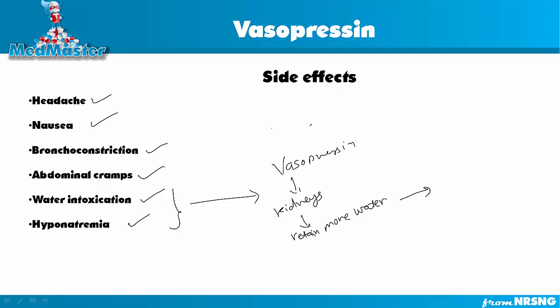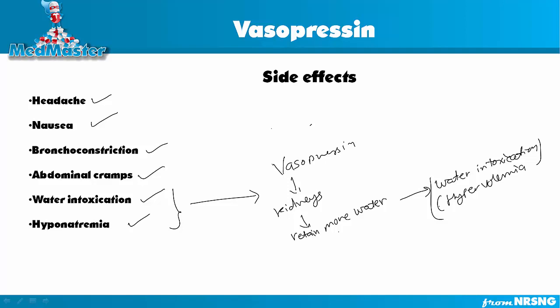You can have water intoxication, or hypervolemia. Remember this is the main difference: it only reabsorbs the water. It's not reabsorbing extra sodium and potassium, so those are going to stay the same in the body while the kidneys are reabsorbing more water.